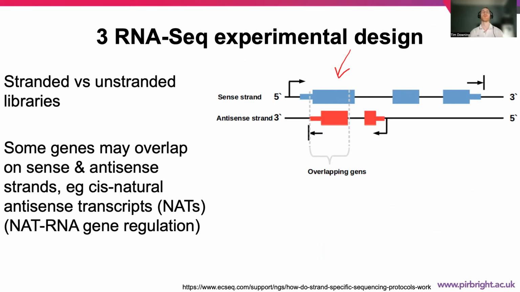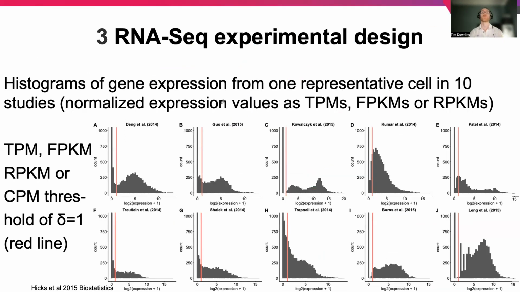We also know from different studies that gene expression values, in this example from one representative cell in 10 studies with normal expression values, show that the extent to which different genes are expressed varies a lot across studies.